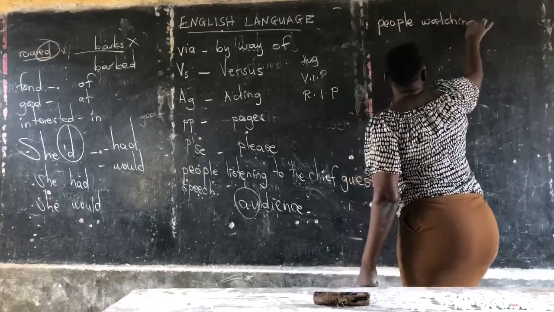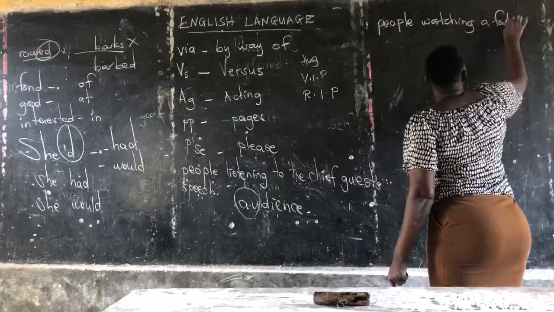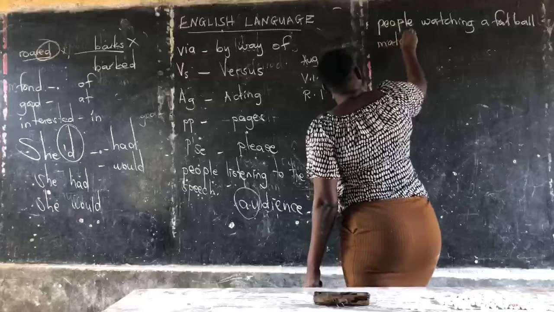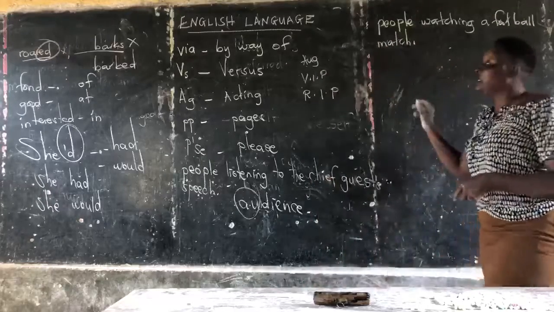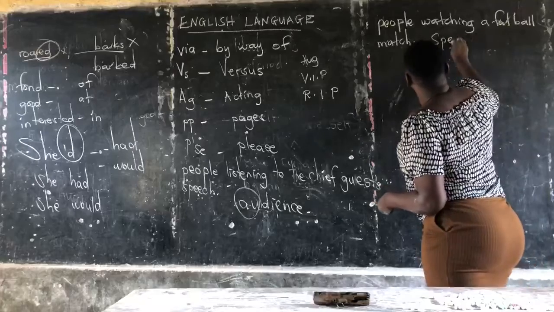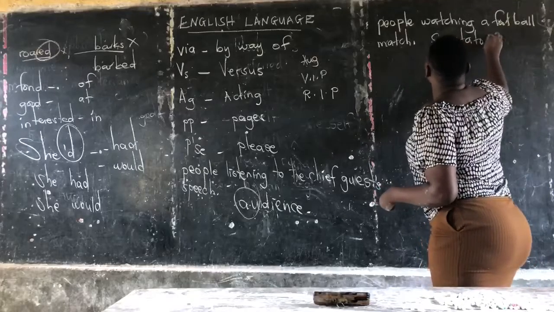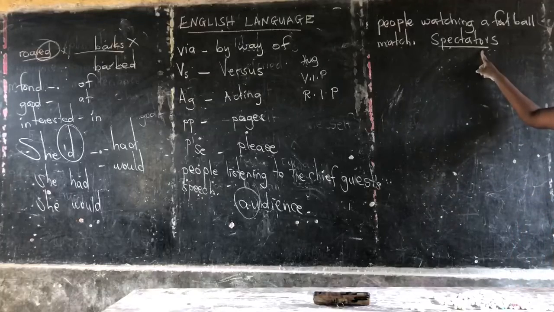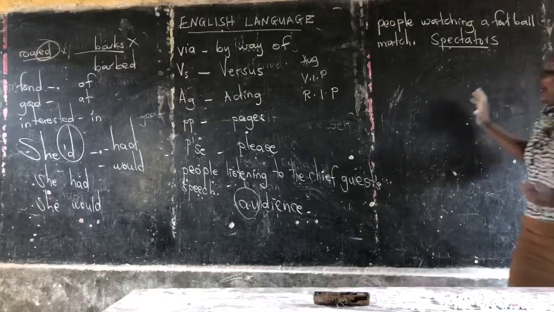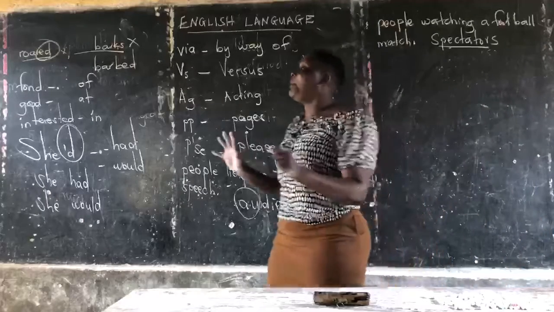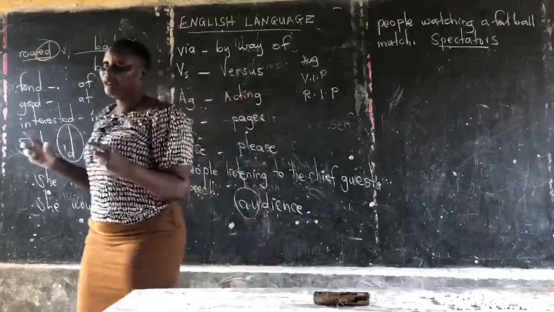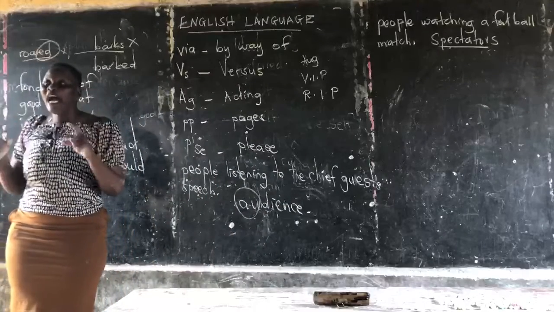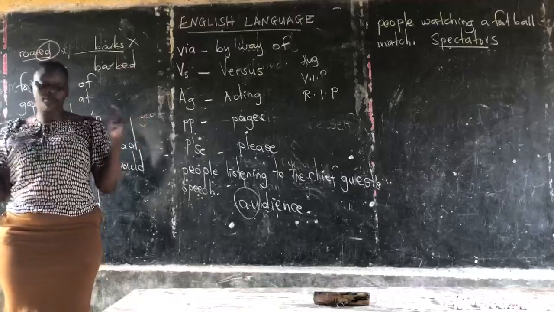People watching a football match are called spectators. Spelling. Normally, audience is used for every person that is listening. Once you are speaking and people have given you the ears, that one is called an audience.